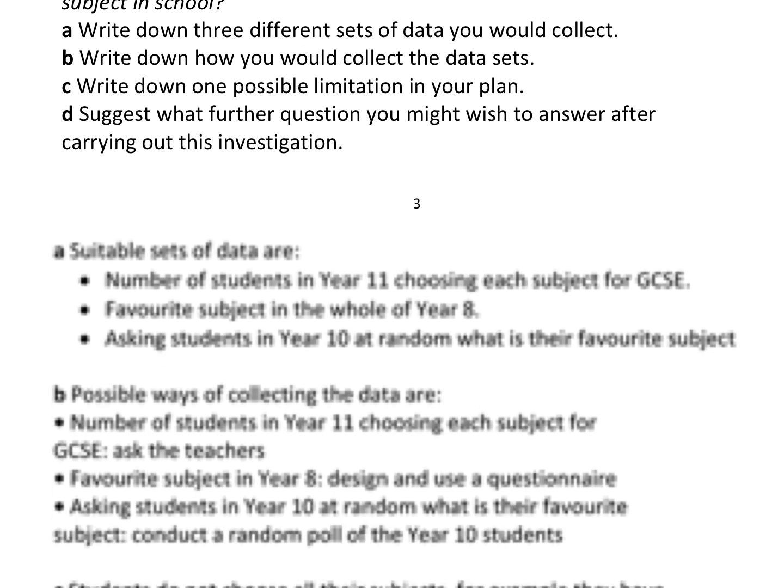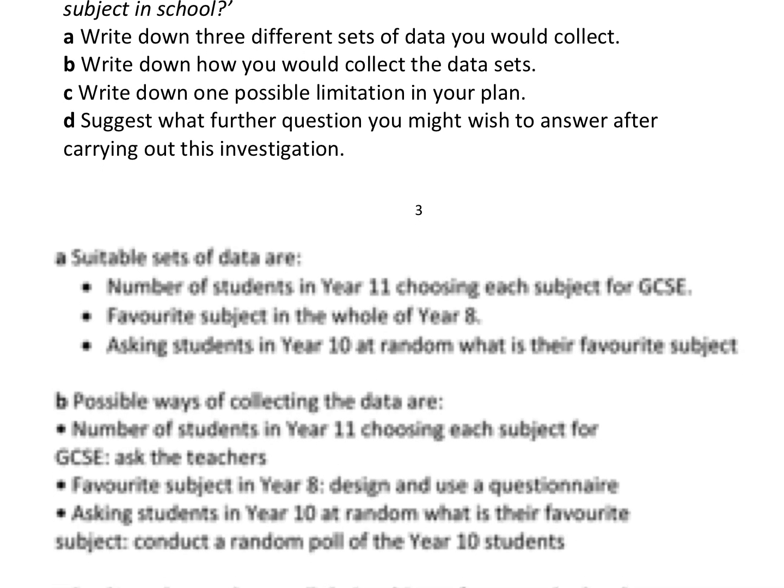So for the number of students in Year 11 choosing each subject for GCSE, you could just go around and ask the teachers, potentially how many's in your Year 11 geography class or history class or English class, etc. For the favourite subject in Year 8, you could design and use a questionnaire. And for asking students in Year 10 at random what their favourite subject is, you could conduct a random poll of the Year 10 students.